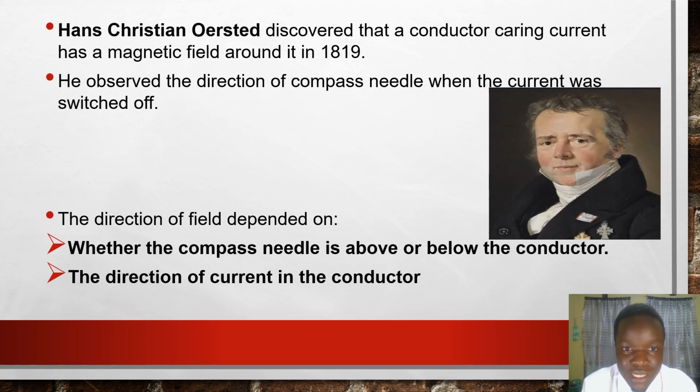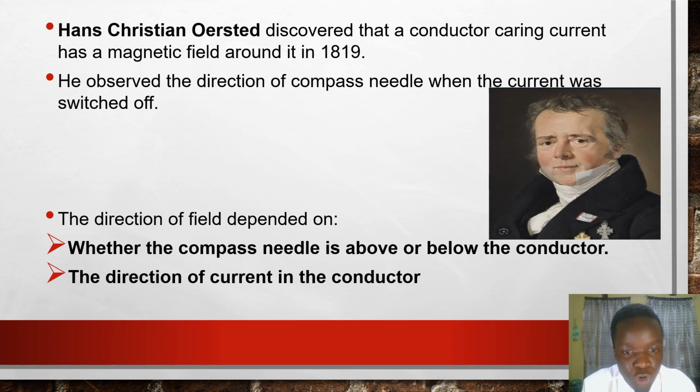He observed the direction of a compass needle when the current was switched on. The direction depends on two factors: whether the compass needle is above or below the conductor, or the direction of current in the conductor.